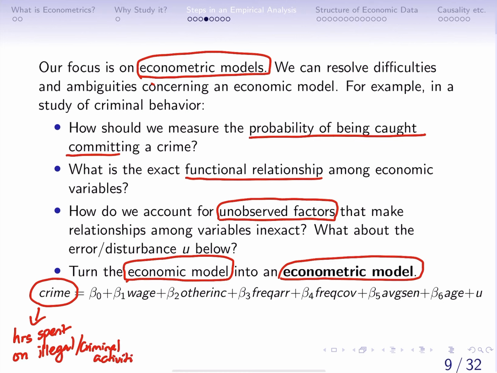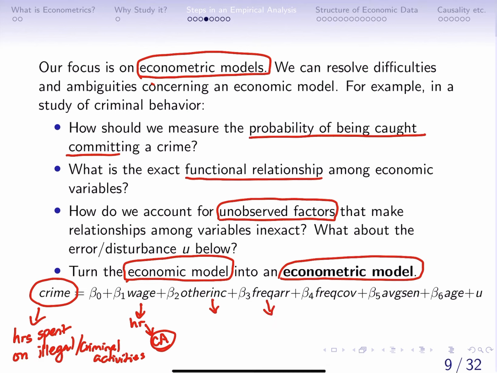We have wages, this could be measured. There's always some unit to it. So this could be the wage rate per hour that you get for spending time on criminal activities. This could depend on what sort of other income you might have. This could be other income from some sort of assets or other employment, maybe some sort of legal employment that there is.